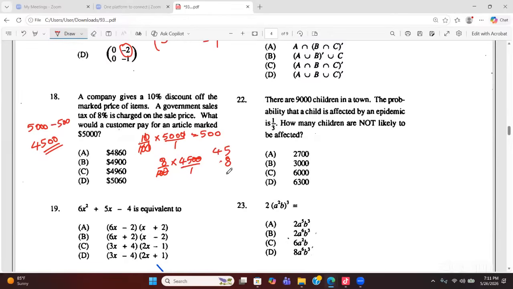Not a big deal. 8 times 5 is 40. Carry the 4. 8 times 4 is 32, and 4 is 36. So basically, you will pay 4,500 plus 360. So you could see you're going to pay 4,860 after the government puts on the tax. I hope everybody is good with that.